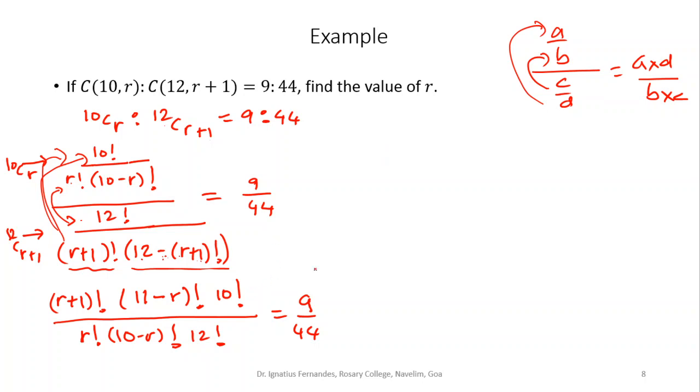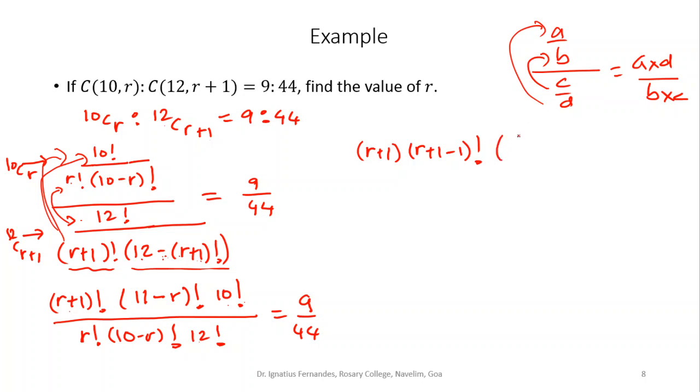Now we'll try to get rid of terms, whichever terms we can cancel. Like here I have 12 factorial and I have 10 factorial. So you can always reduce this 12 factorial till 10 factorial and you can cancel that. R plus 1 factorial, you can also get rid of R factorial by simplifying R plus 1 factorial. So R plus 1 factorial is R plus 1 into R plus 1 minus 1 factorial.